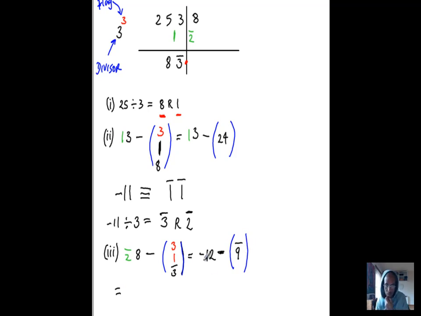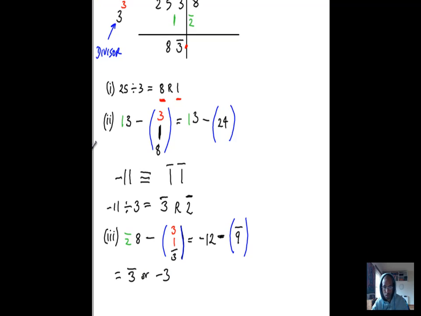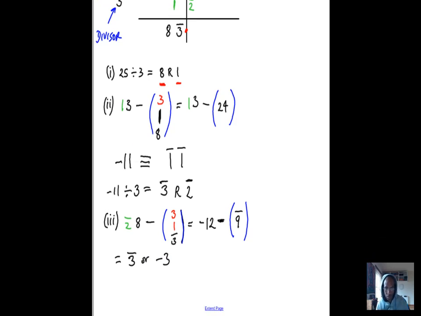So it's 9 minus 12, or minus 12 plus 9. And that's going to be minus 3. Okay? Or minus 3. That's another way of writing that. It helps to be flexible. And so minus 3 divided by 3 is minus 1 with nothing left over.